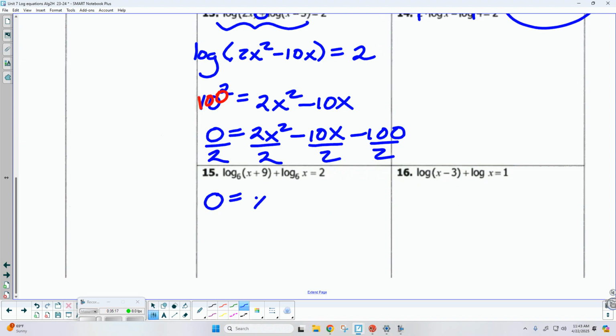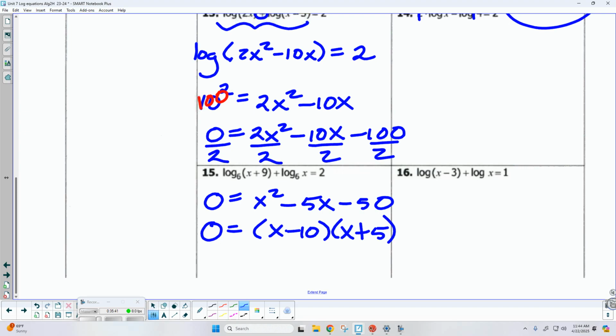0 is equal to x squared minus 5x minus 50. So let's see if this one's a little nicer. What two numbers will multiply to give me negative 50, but they also have to add to give me negative 5? Okay, so 0 equals x minus 10 times x plus 5. Would everybody agree?